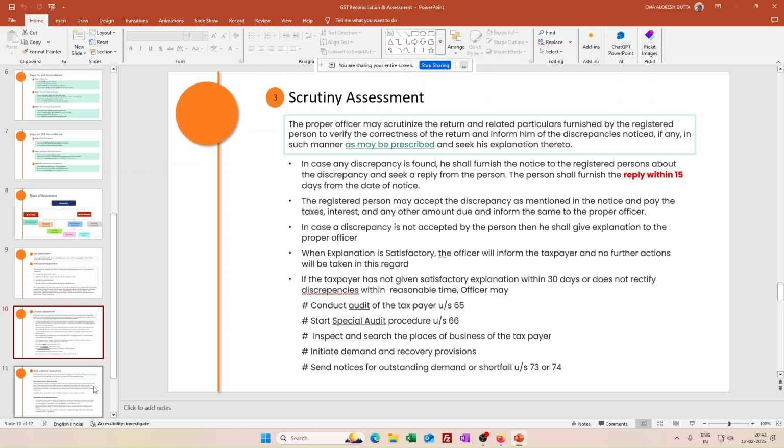Inspect or search the places of business of the taxpayer. Initiate demand and recovery provisions. Send notices of outstanding demand under section 73 or 74.